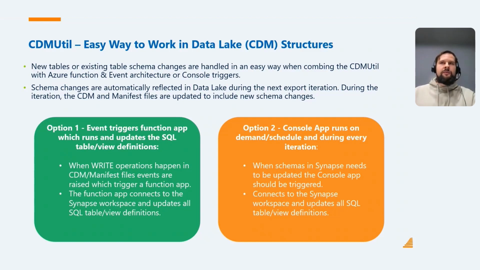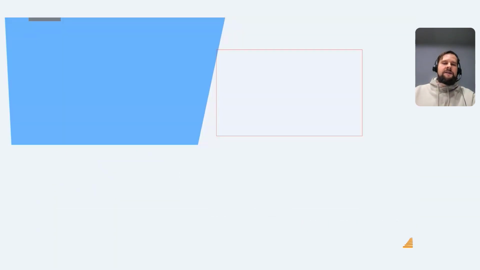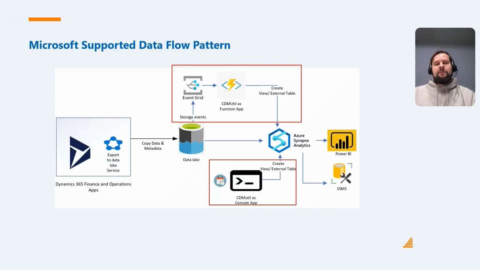It's the default Azure blob storage feature where it can raise an event, for example, when a new file gets uploaded, or when an old file gets updated or deleted. So the whole logic is that whenever your CDM file gets updated, it raises an event. That's a default event grid feature.